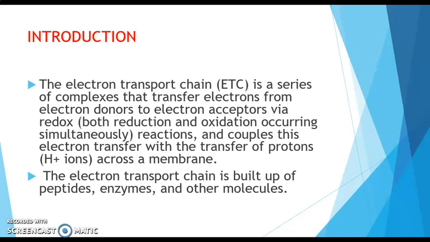These protons are transferred from the electron donors to an electron acceptor, and this process is called the electron transport chain. The electron transport chain is built up of different types of molecules such as peptides and enzymes.